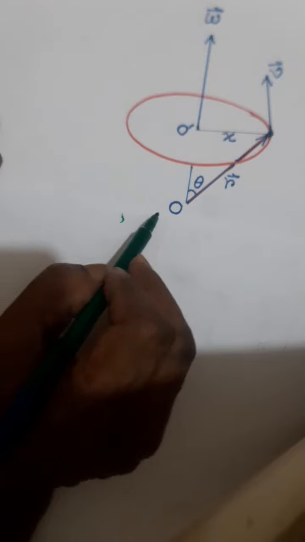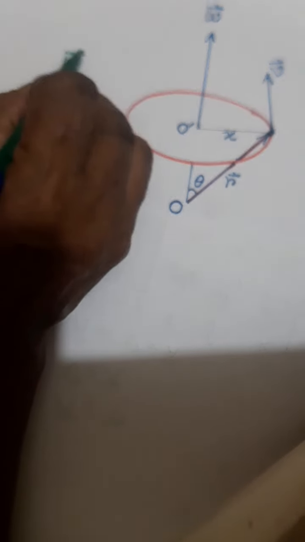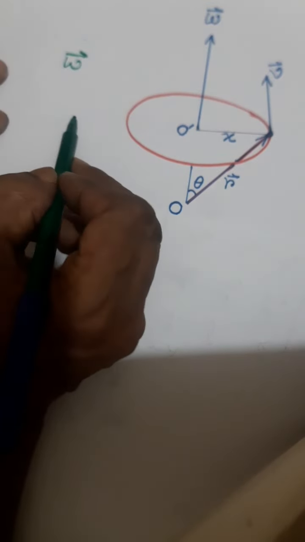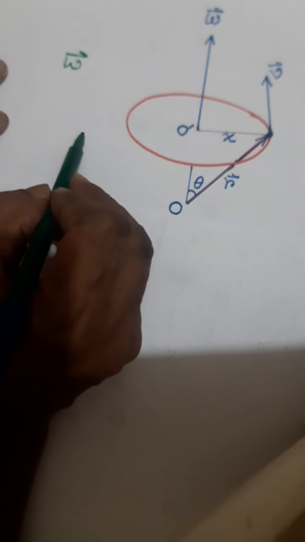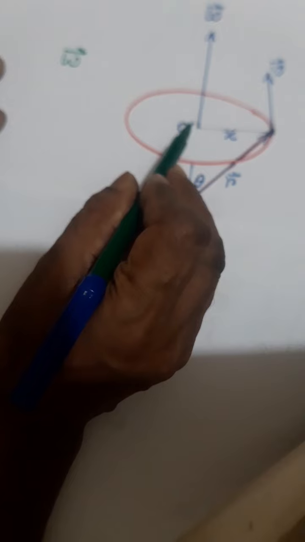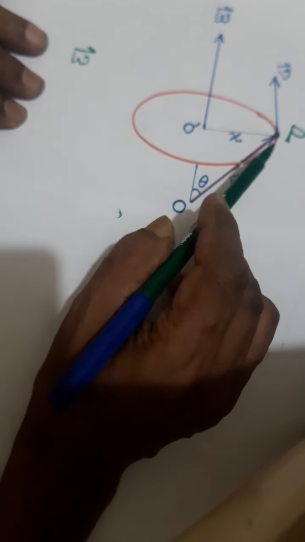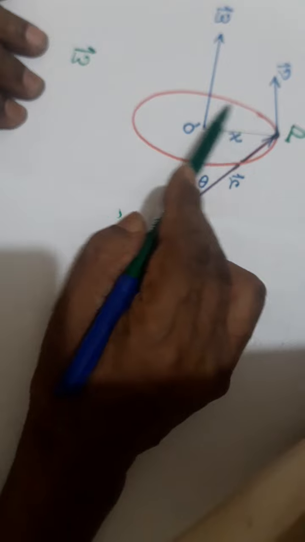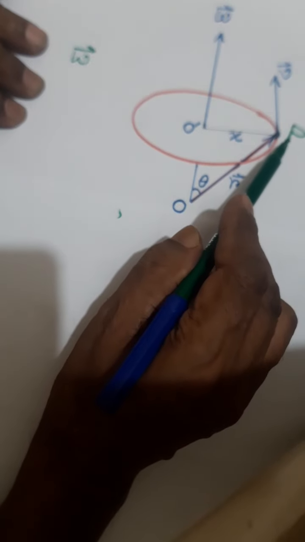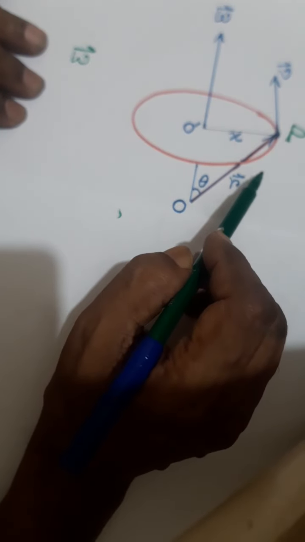Let us consider a body moving in a plane and in a circular path with a constant angular velocity omega. The circular path has its center at O prime. Omega is directed along a normal to the plane of the motion. O is the origin and the body is at a point P at a certain instant.